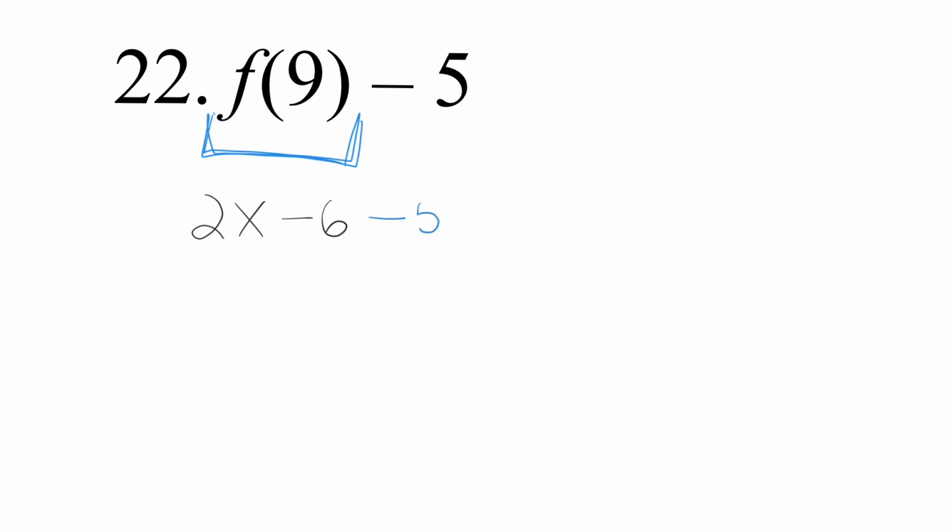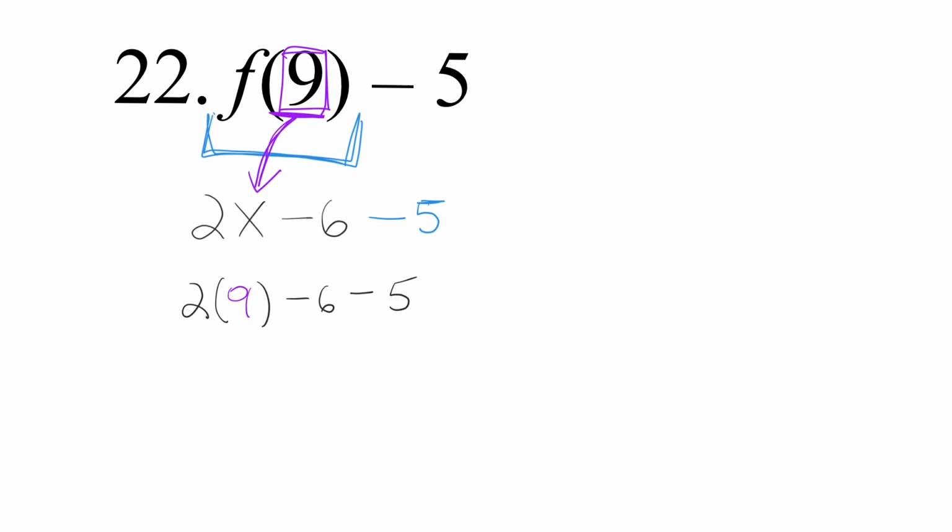The next step is we do have an x. You guys have an x next to the 2. So I am going to substitute. I'm going to take this number, the 9, and I'm going to substitute into the x right there. So I'm going to have 2 parentheses with the 9 minus the 6 minus the 5.